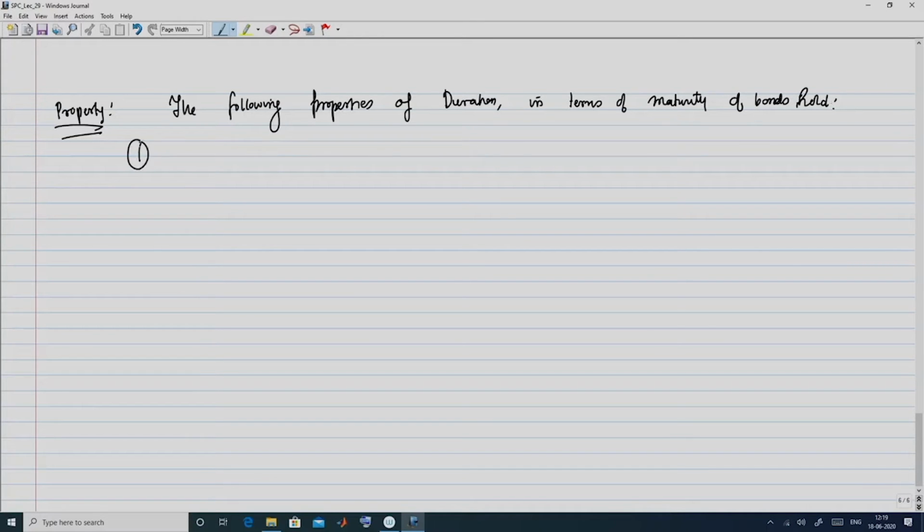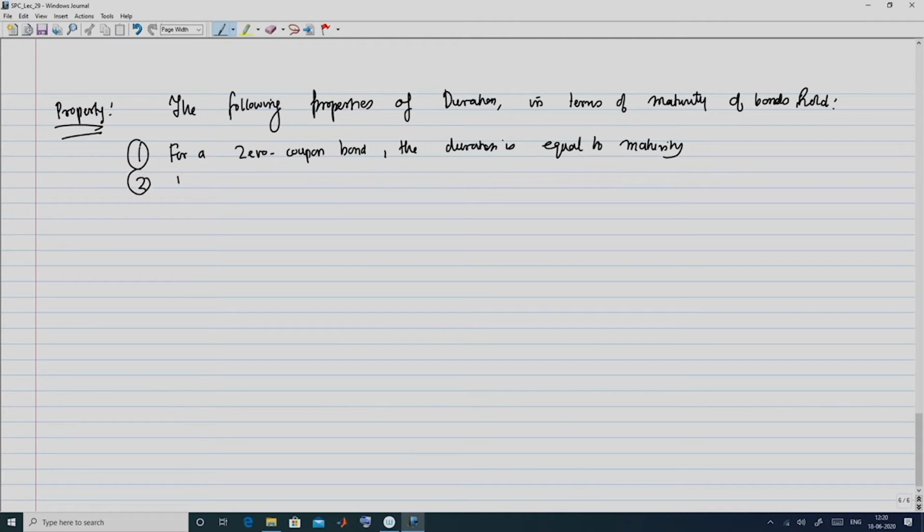So, I will enumerate the properties. So, for a 0 coupon bond, the duration is equal to maturity.